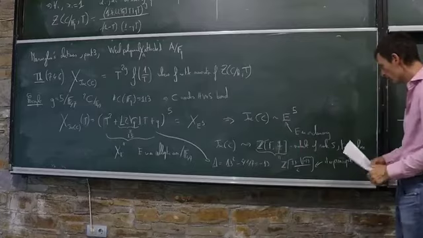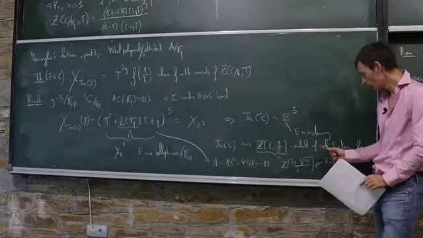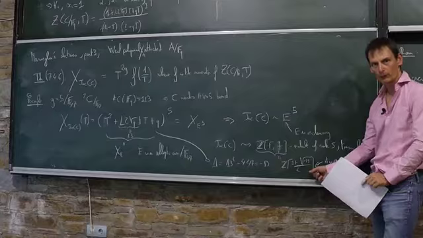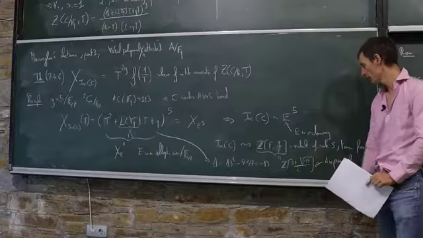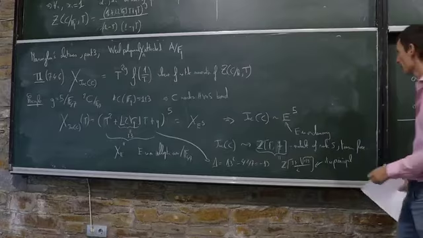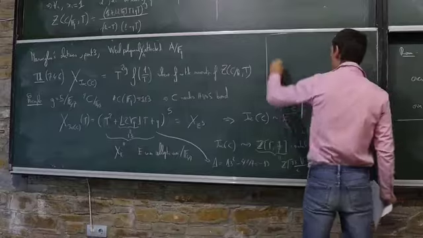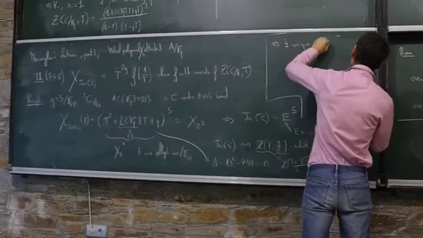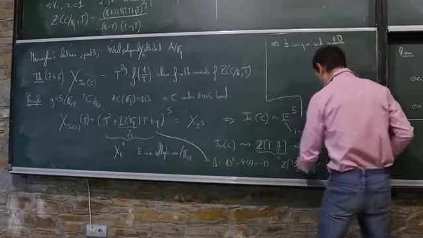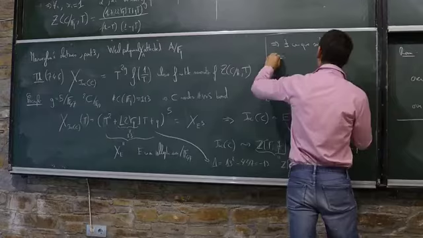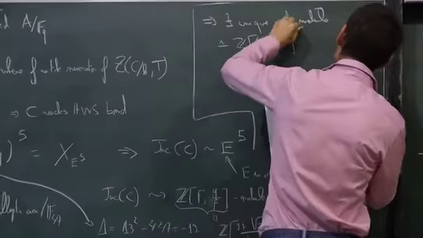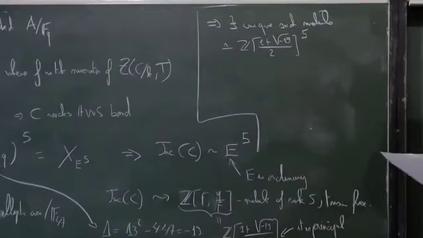So now I am left with classifying modules of rank 5, torsion-free, over a principal ring. But one knows exactly how to do this. I mean, there is only one, and it's going to be free. So, thanks to that, one shows that there is a unique such module, which is isomorphic to Z[(1+√-19)/2] to the fifth.